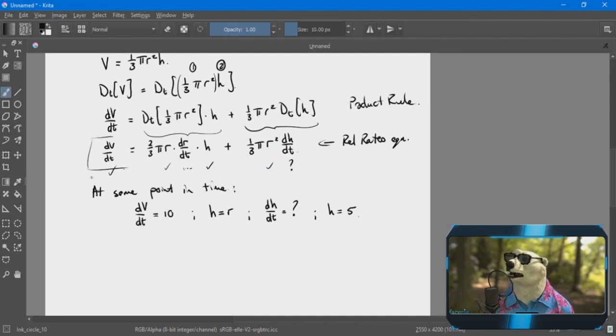So I can only have one unknown in this related rates equation. So because my unknown is dh/dt, I have to get numbers for everything else. So because the height and the radius are always the same, that means the radius at that point in time is also 5.